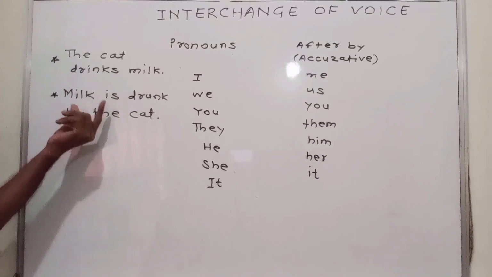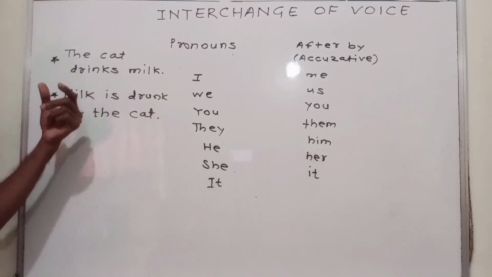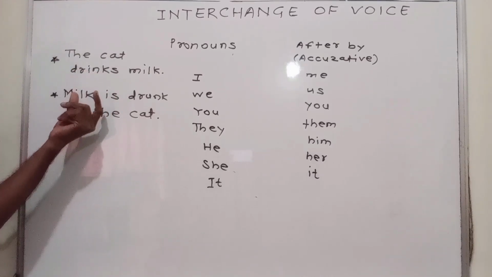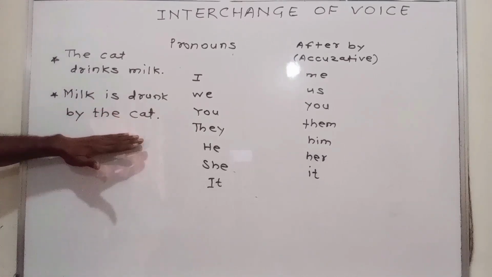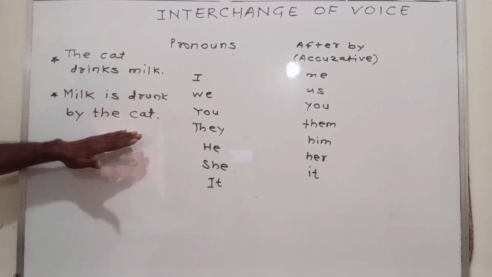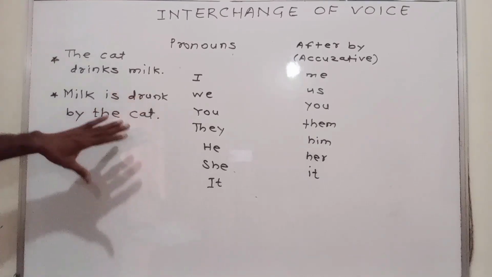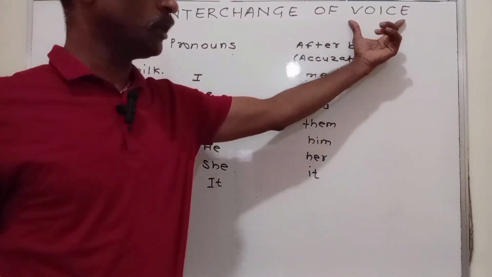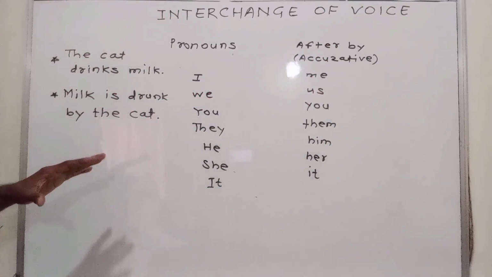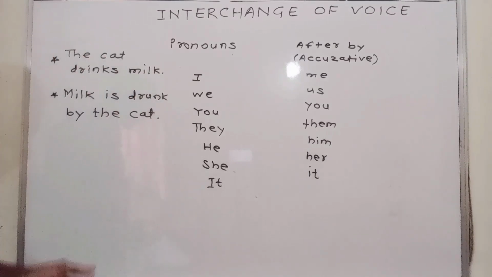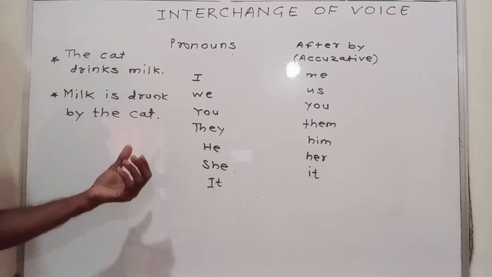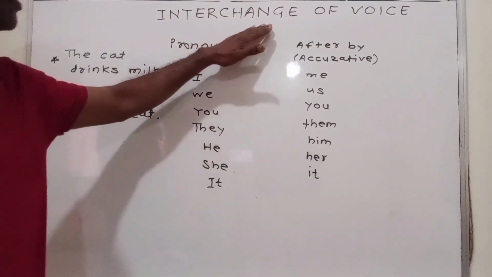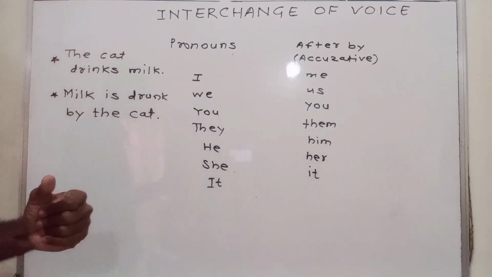When the verb denotes an action that is received by the subject, then the verb is said to be in the passive voice. This is about active voice, passive voice and voice. Now, after this, I will show you different rules regarding this interchange of voice.